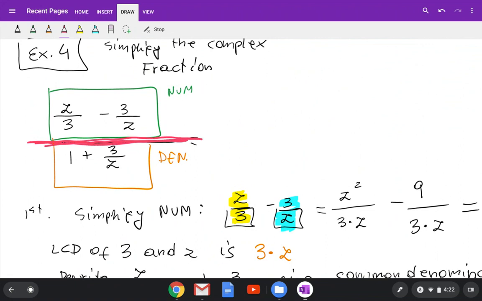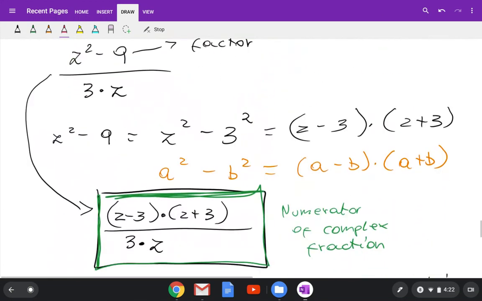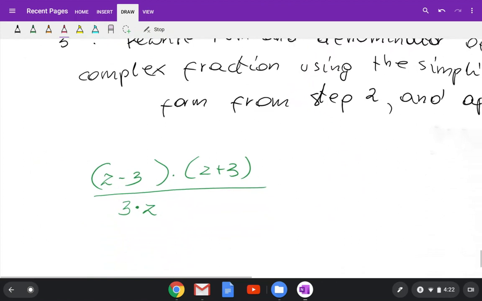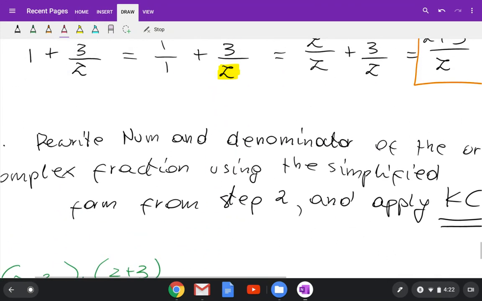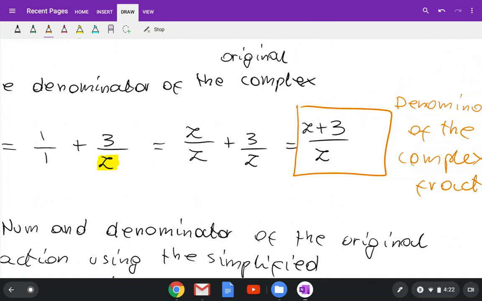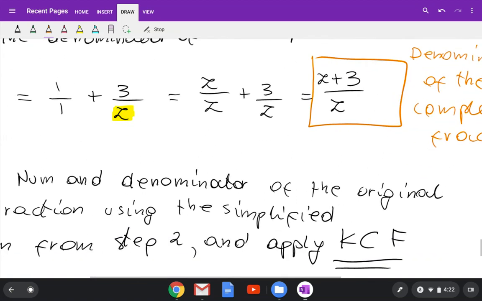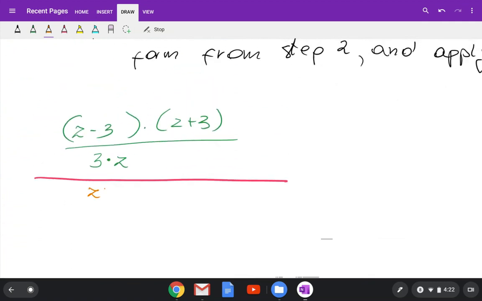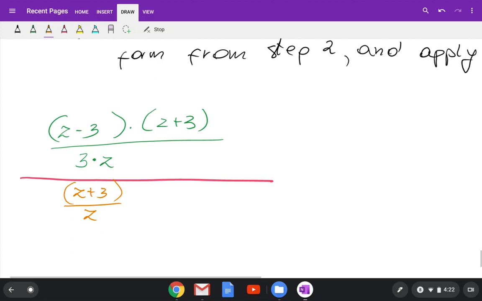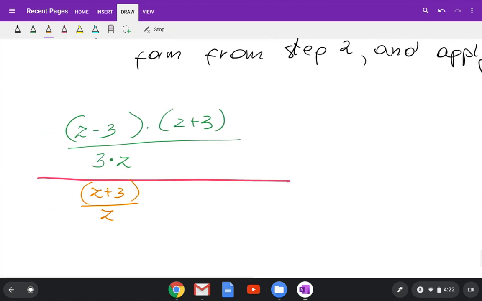Division, so the pink division over. Now the denominator we simplified, that was in orange, z plus 3 over z. Okay, and again, I recommend that for the binomial, keep it in parentheses. And now we apply keep, change, flip.